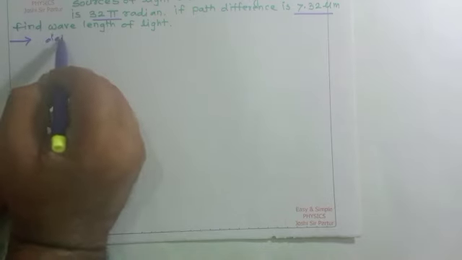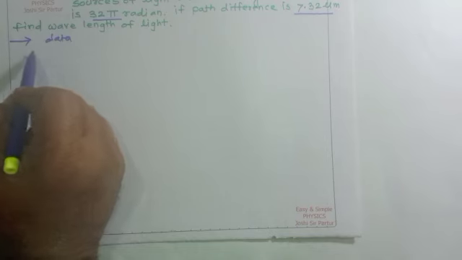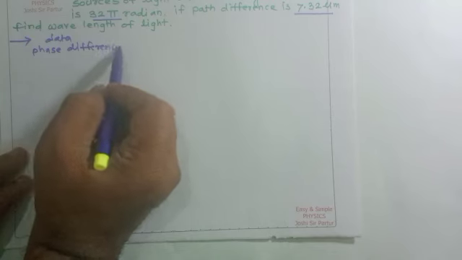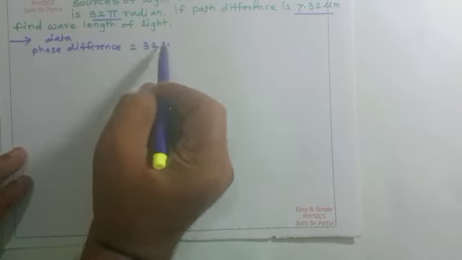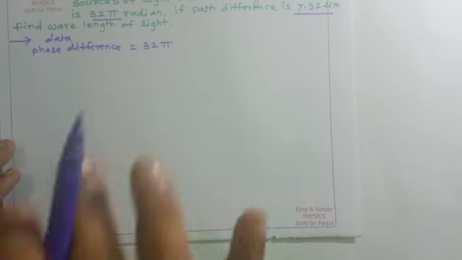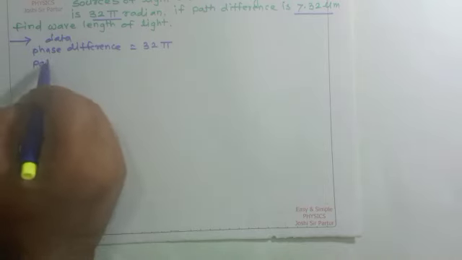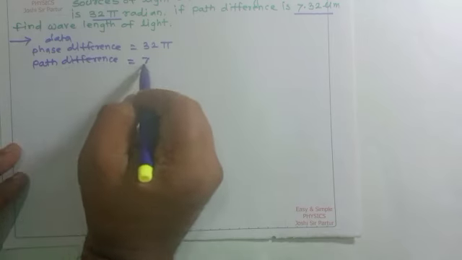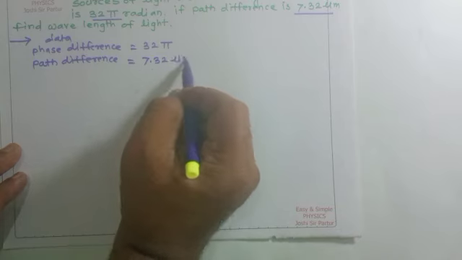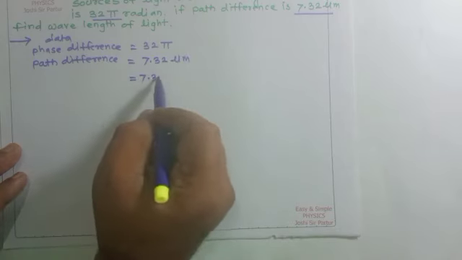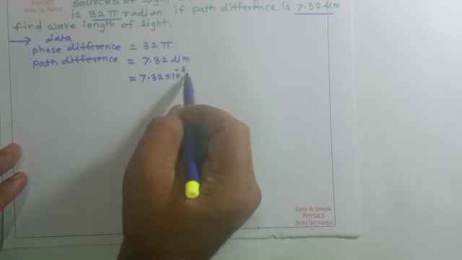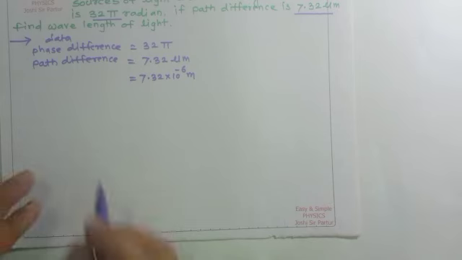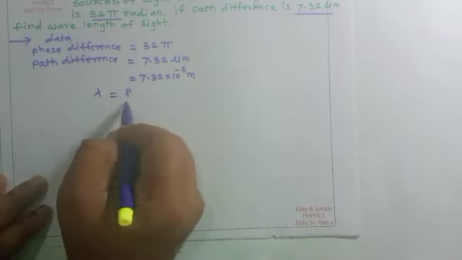Writing the data, the phase difference is 32 pi, and the path difference 7.32 micrometer means 7.32 into 10 raised to minus 6 meter. That is the path difference, and we can find the value of wavelength.